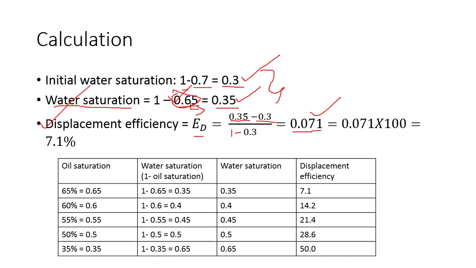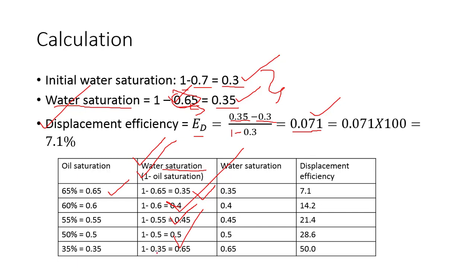Then in order to simplify the whole calculation, I have calculated the values manually and then included them in this tabular column. Over here I am just calculating the water saturation at different levels. First I have calculated the water saturation at 65% oil saturation, which is 35%, 0.35, then 0.4 for 60% oil, then 45% water at 55% oil saturation, then 50% water and 50% oil.